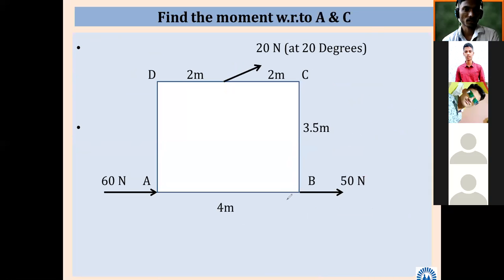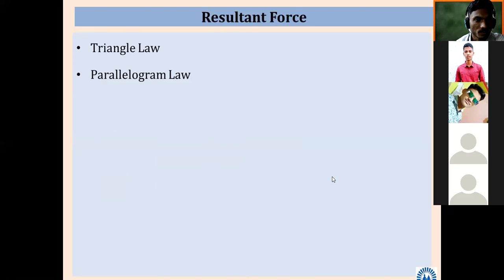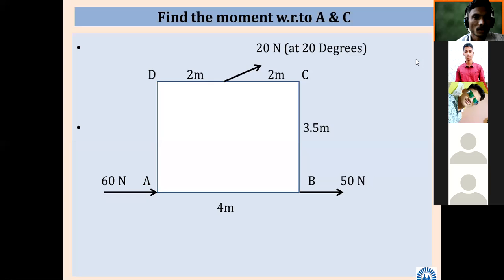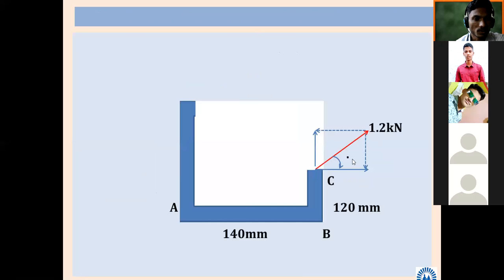So whether this thing is understood? Shall we go next? Let me check whether some problems are there. One more problem was there. This one is over, this is over.